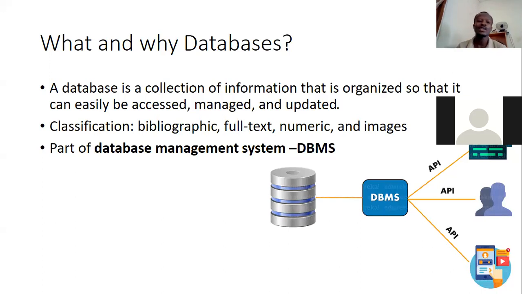If you are listening to me and you are not sure of what databases are, this is where it starts from. If you don't know this, then moving forward, you have a problem. We can have several types of databases. Now, the reason why databases, I think we need to talk about this.